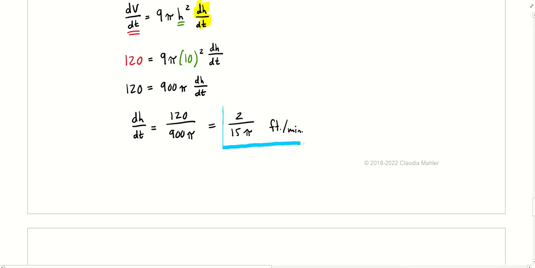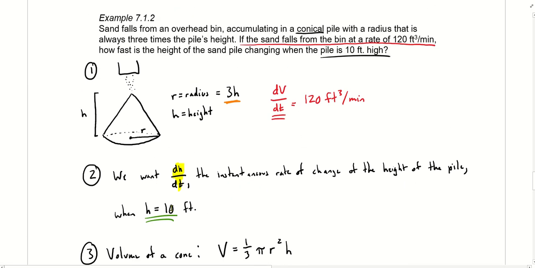And I'll give you the decimal approximation of that here as well. That's approximately 2 divided by 15 pi is about 0.042441 feet per minute. So that's how much, can't write minute for some reason, there we go. That's how much the pile is changing in height dimension per minute when the height is 10 feet.